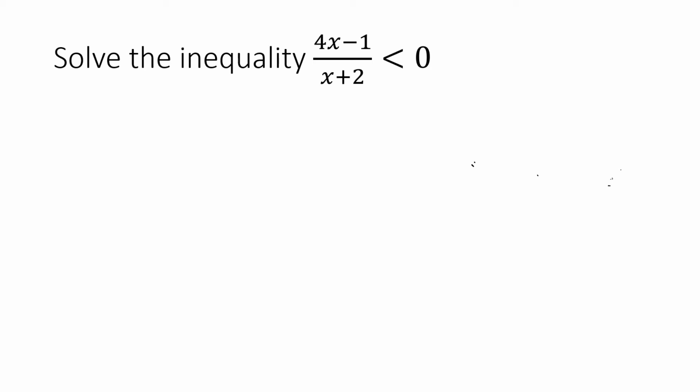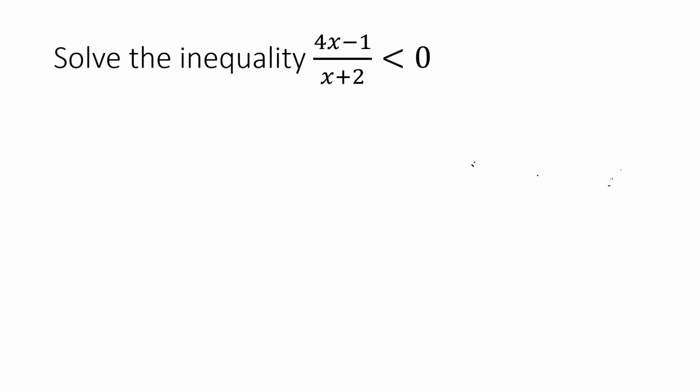4x minus 1 over x plus 2 is less than 0. Just because it is compared to 0, we know a few things. If there was not a less than sign, but an equal sign, one fact that we know is that if a fraction is equal to 0, then the numerator has to be 0. That's the only way that can happen. So we can apply this right here.